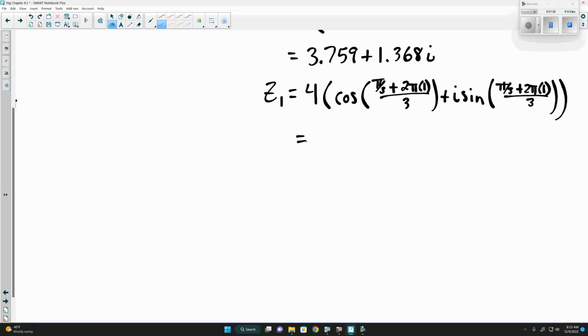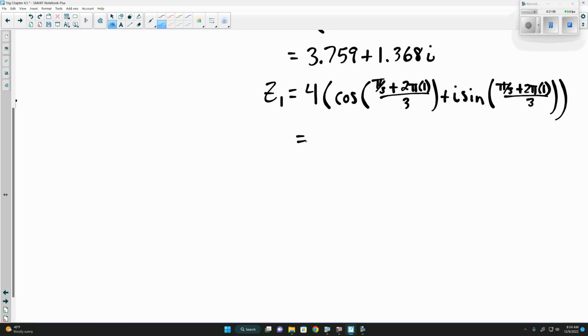Give you all a second to write that out. Now I feel at this point, you all being able to simplify pi over 3 plus 2 pi all divided by 3 isn't going to be too bad. You can do that just in the calculator. TI30XS will do it, yes?